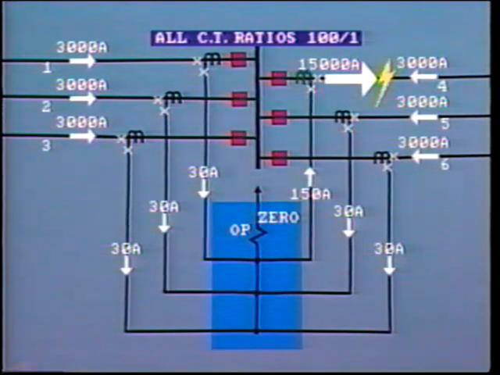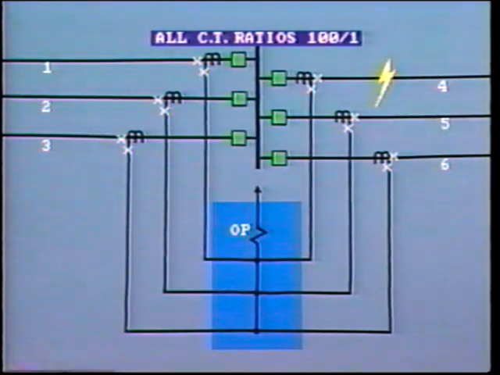Add to this the distortion occurring during the first few cycles, and it is likely that the secondary current will be, say, 110 amps instead of 150. So now we have a current of 40 amps passing through the operating coil of the relay, sufficient to cause a trip. This is incorrect operation. We do not want the bus protection to operate for external faults.